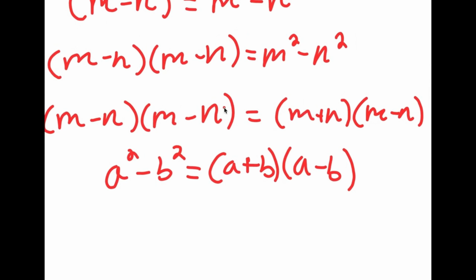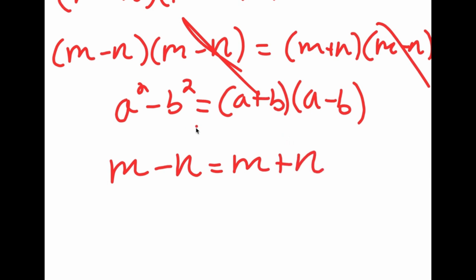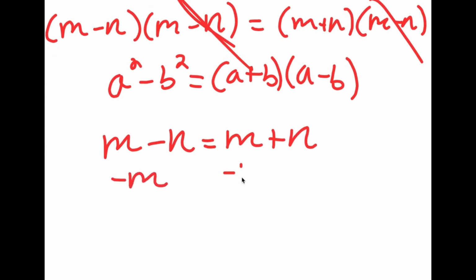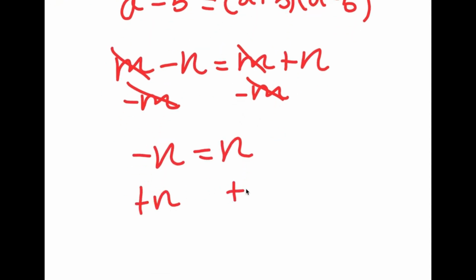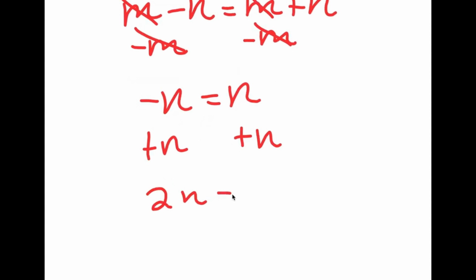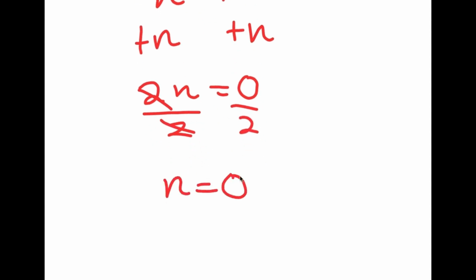So now, as you see, we can simply divide both sides by m minus n, cancel these two out. So now I'll be left with m minus n is equal to m plus n. Meaning, if I subtract m on both sides, I get negative n is equal to positive n. If I add n on both sides, I get 2n is equal to 0, meaning n is also equal to 0.